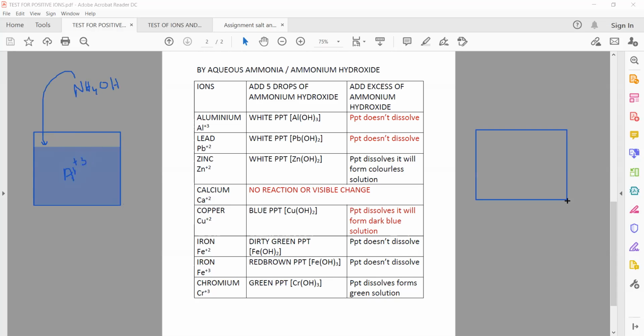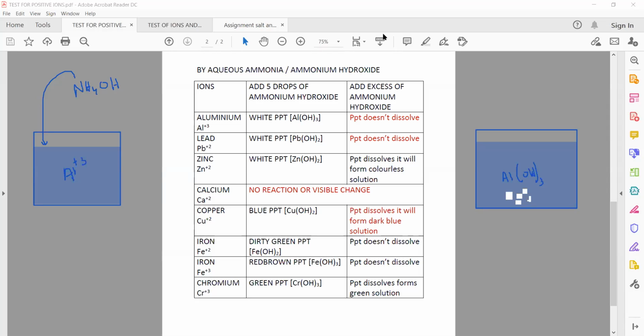Aluminium will displace ammonium and ammonium will take the position of aluminium. This will result in the formation of aluminium hydroxide. And what is this aluminium hydroxide? This aluminium hydroxide is a white PPT. So you will observe a white solid form.